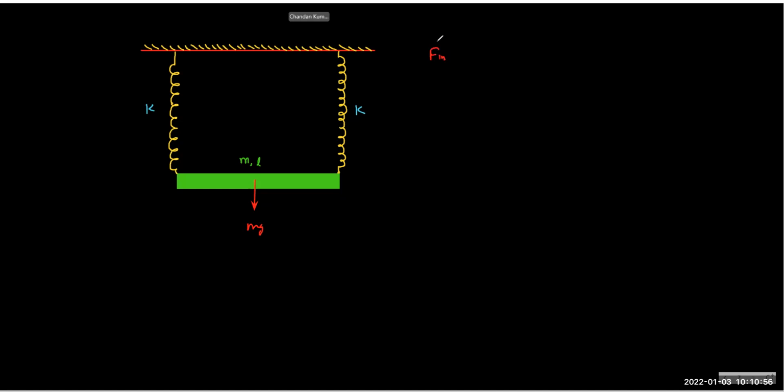Find ACM and alpha of the plank just after cutting of one spring. Now, when I'm saying cutting one spring, it means I'm totally removing it, so it's not connected anywhere.